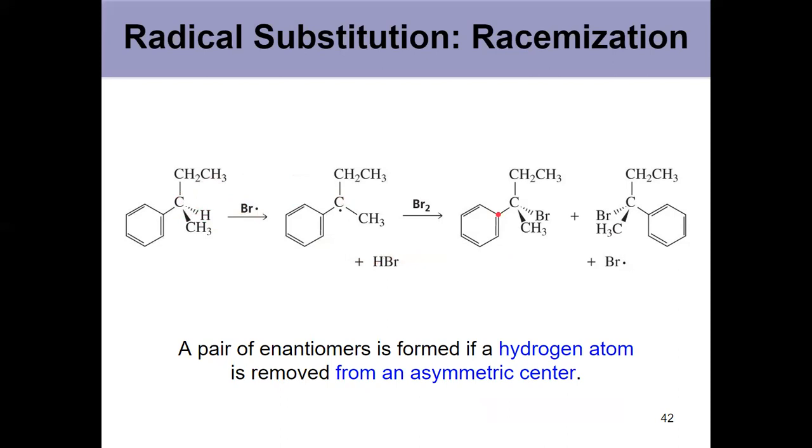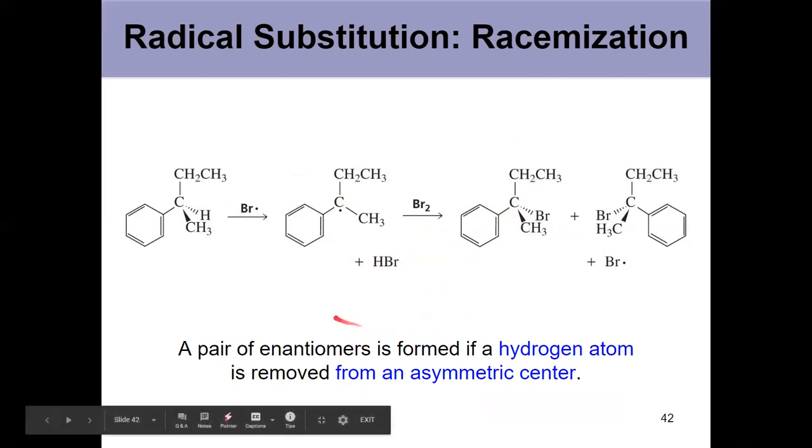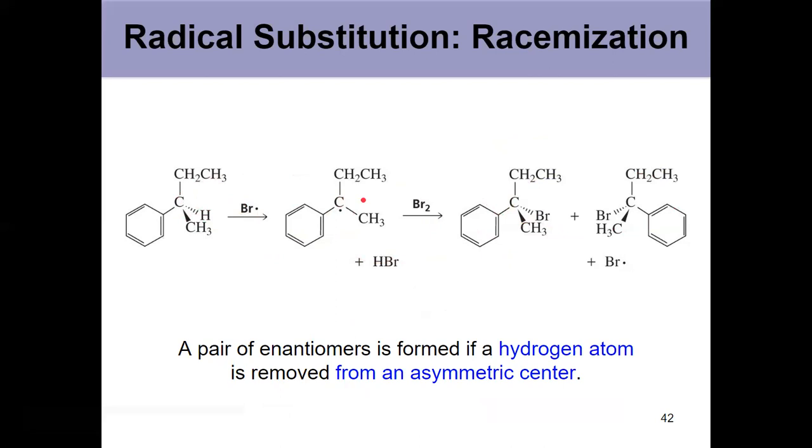We replace it with a bromine in that situation, but notice now we get a mixture of enantiomers because you can think about this bromine as coming from the front or coming from behind. 50% chances of each, so we're going to get half of one enantiomer, half the other. 50% R, 50% S, right? Racemization. Nothing crazy to worry about. That's probably the best part of chapter 12. You always get a racemic mixture for these bad boys.